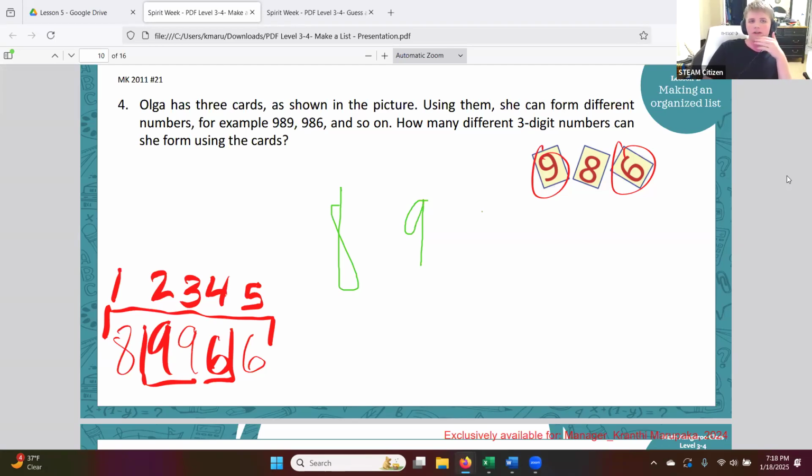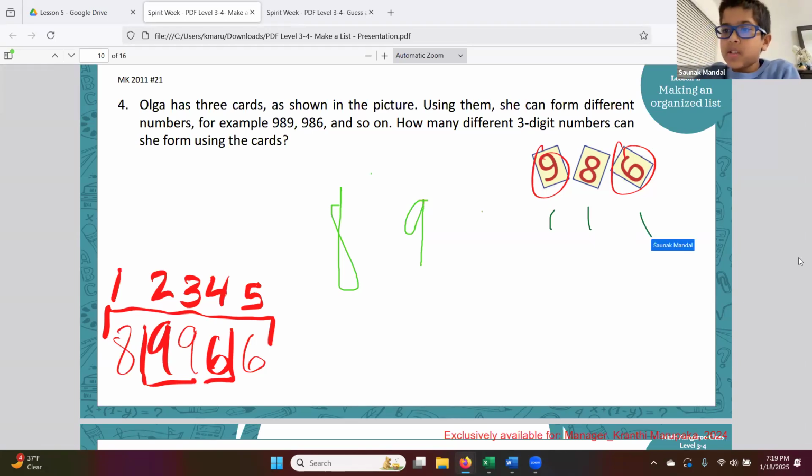So do you have any idea how you might go about making an ordered list with this? Not really. Okay. Does anyone else have any ideas how you might make an ordered list with this? You can feel free to unmute. Shonak, what about you? Well, how I solved it was completely different from making an organized list. First, I knew that you could make 9, 8, and 6.